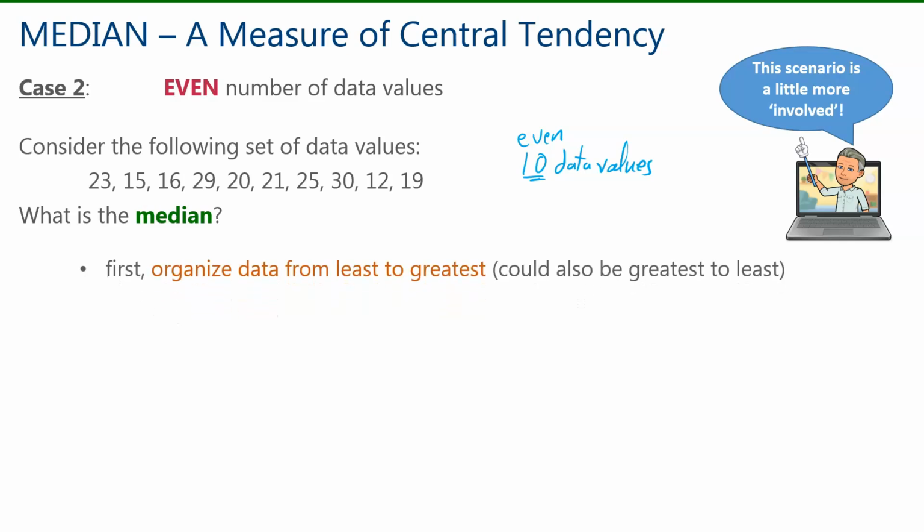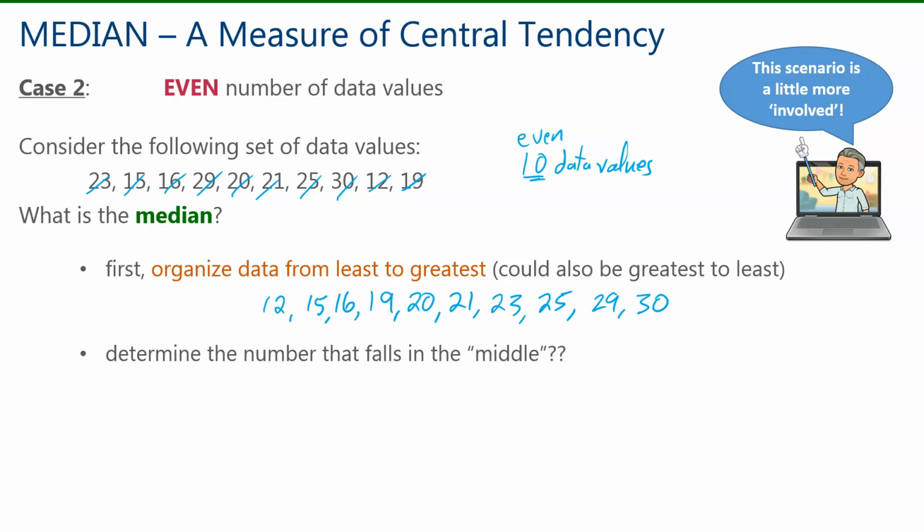Step 1 in our process, organize our data from least to greatest: 12, 15, 16, 19, 20, then a 21, 23, 25, 29, and 30. Least to greatest. Determine the number that falls in the middle.